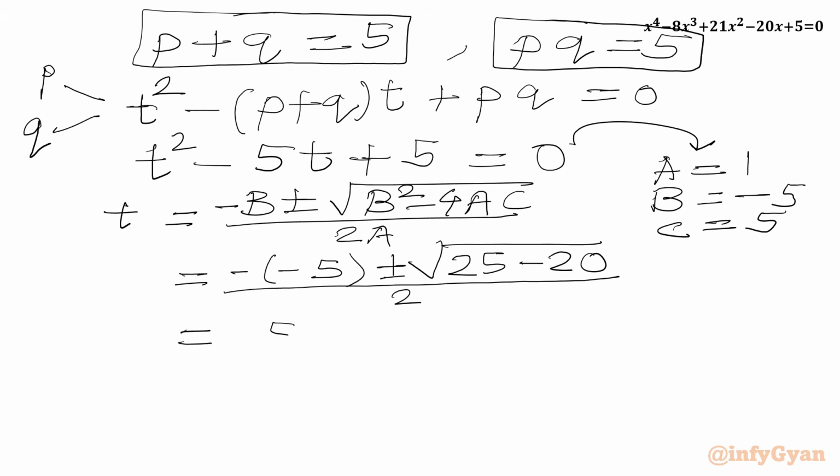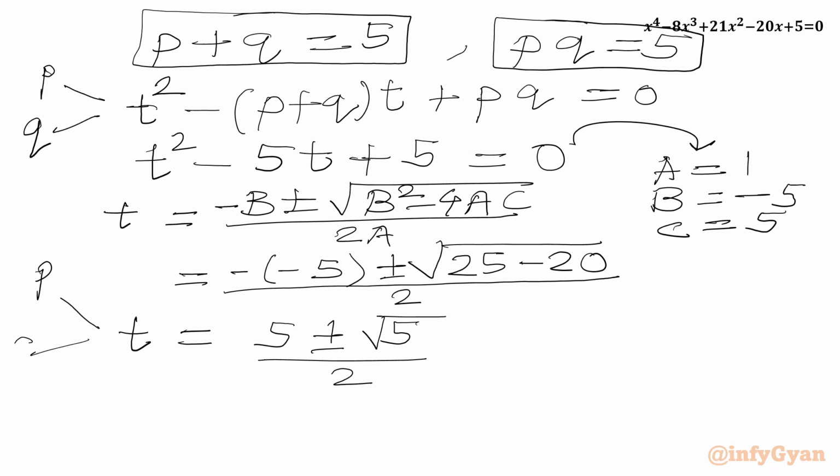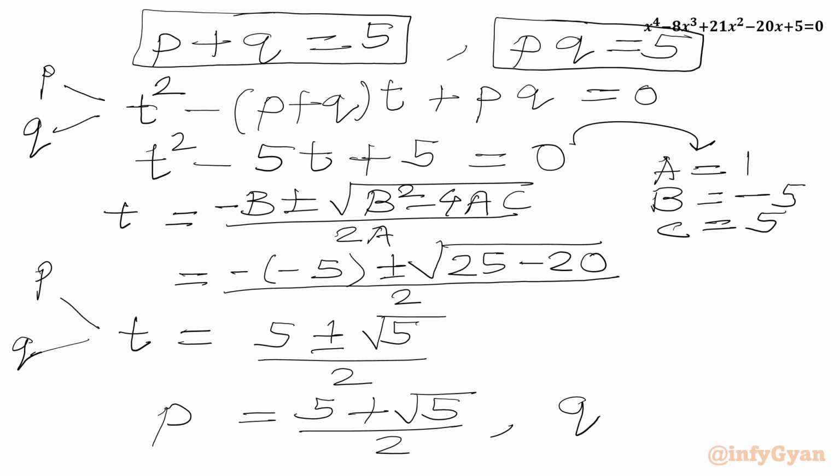We will write 5 plus minus square root 5 over 2. T is nothing but p and q. So we will write p equal to 5 plus root 5 over 2, and let's say q equal to 5 minus root 5 over 2.